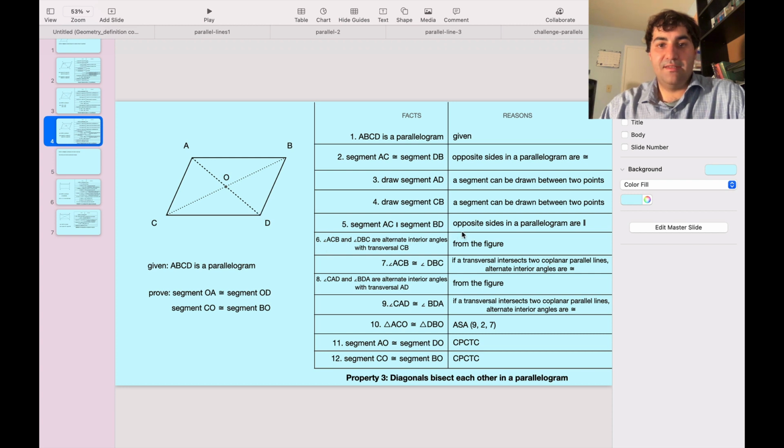Well, we know that opposite sides in a parallelogram are congruent, but we're still using these same two sides, AC and BD, and they're parallel, so you can see that they're alternate interior angles, right? Here and here, because they're both in the interior region between segment AC and BD, and they're on opposite sides of the transversal. So we know that angle CAD is going to be congruent to angle BDA.